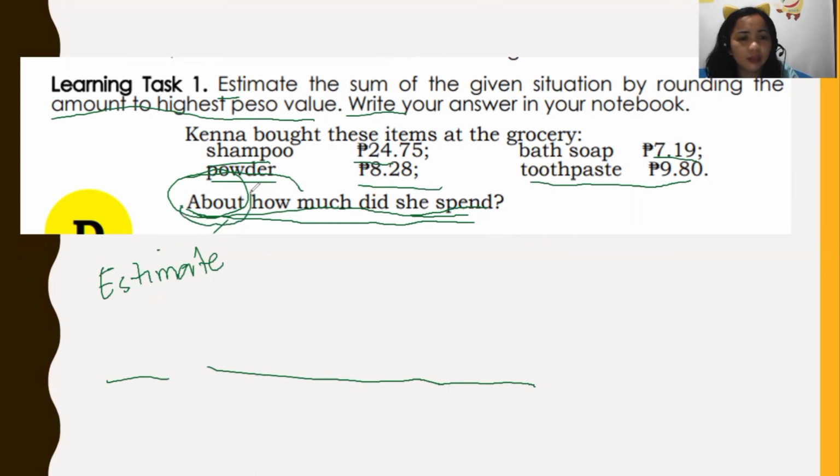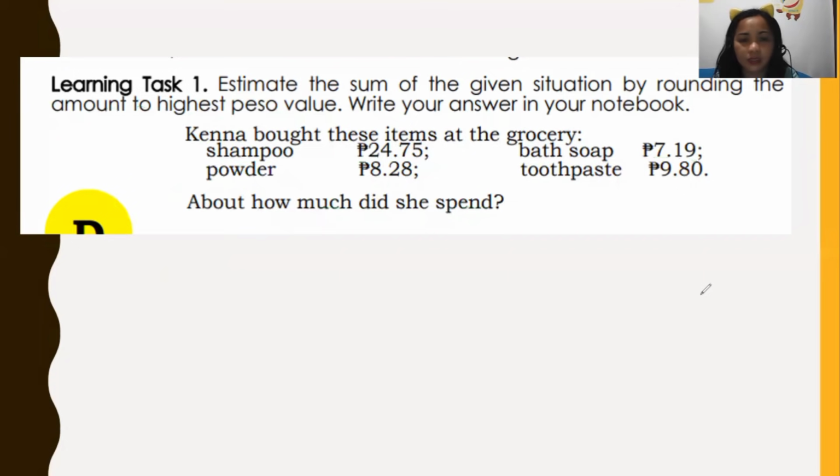Sabi, about lang, estimate lang. Ira-round nyo muna yung mga number to the highest peso value. Ira-round nyo muna bago nyo i-add para makuha yung sagot. To the highest peso value, ano? Now, let's go to the next page.